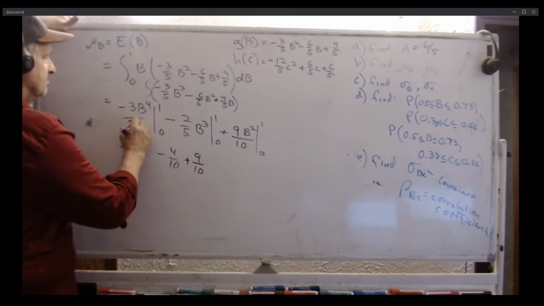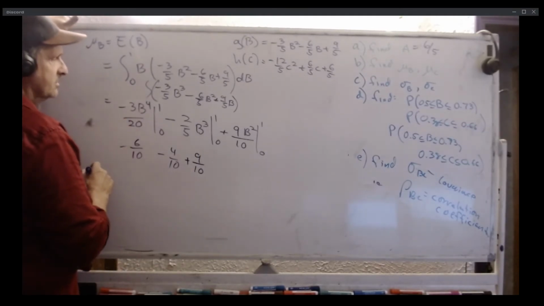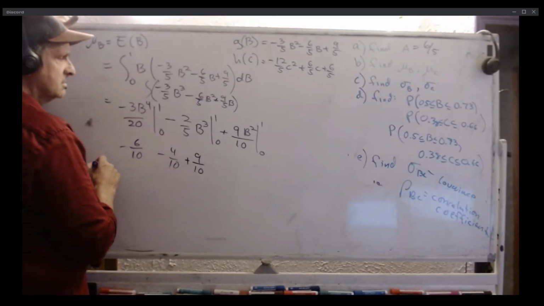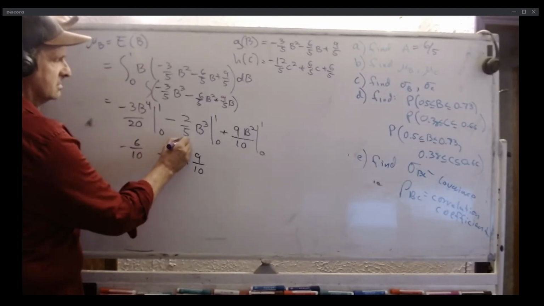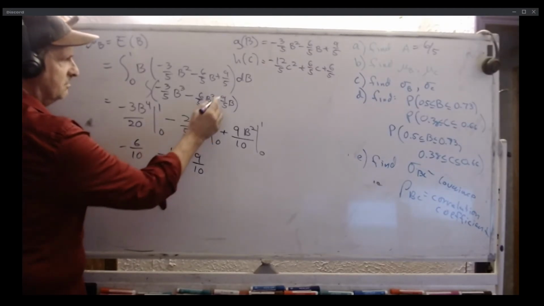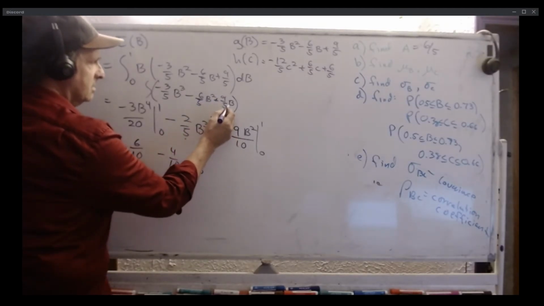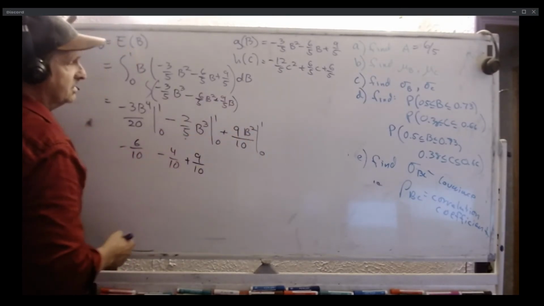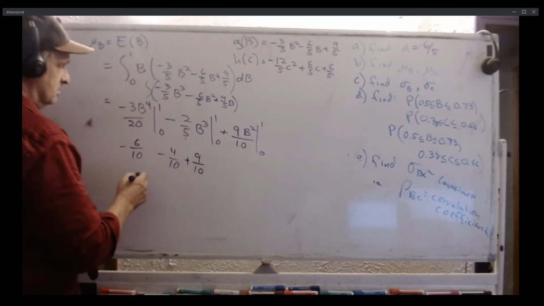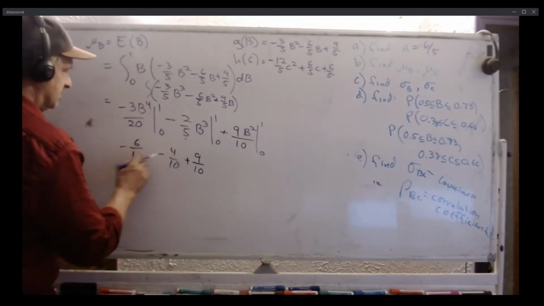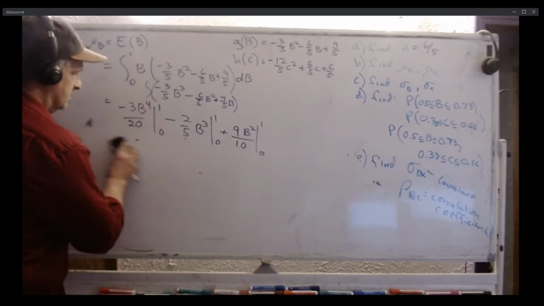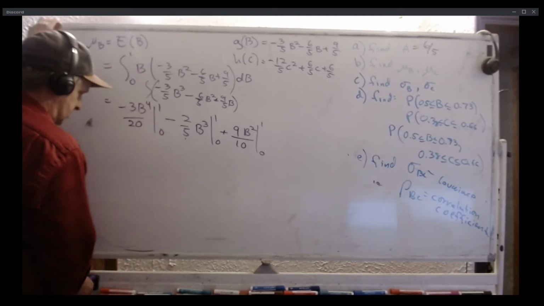Yes. Everything else is right, isn't it? And then negative 2 over 5. And then 9 fifths of b becomes 9 tenths of b squared because we have to divide by 2. Okay, so that gives me a little bit more faith in what I can do. I'm still not convinced it's right, but we're going to go with it.